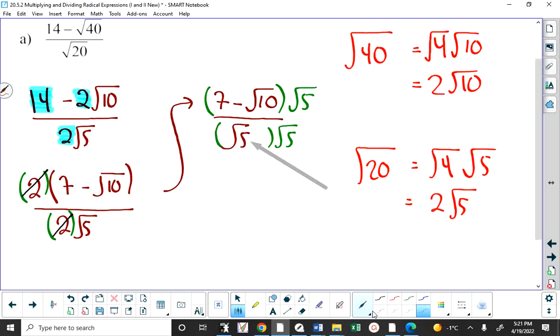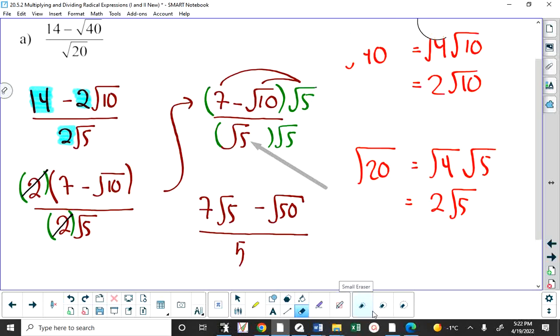Leaving us on the top with 7 times root 5, which is 7 root 5, minus root 10 times root 5, which is minus root 50, over 5, because root 5 times root 5 is 5. No, we're not done, because root 50 can be simplified.